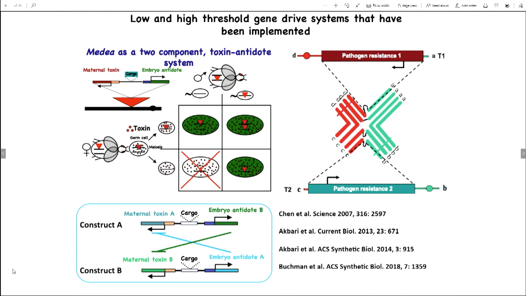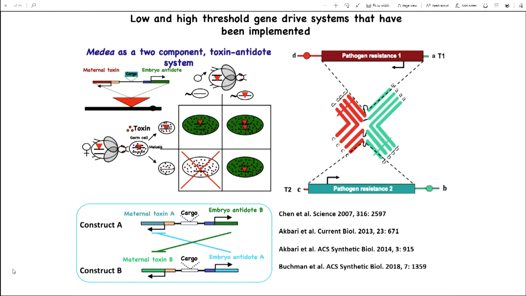Over the years, much to my dismay, we've been working on this for a long, long time, since 2007, when we published the first synthetic selfish genetic element, Medea. Then over the years, on our own and in collaboration with Tony, and with Dan Wattendorf when he was at DARPA, we've built a bunch of other elements that all can do population modification replacement in Drosophila in some way.